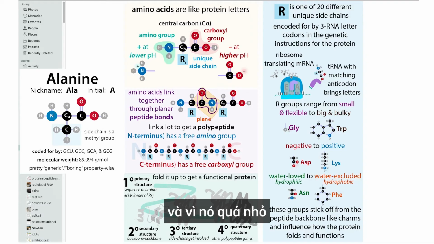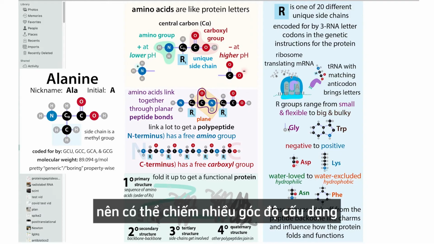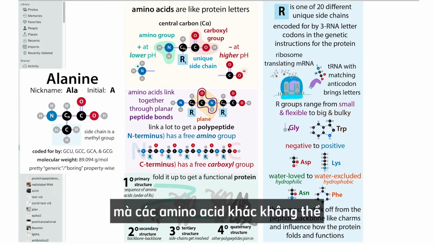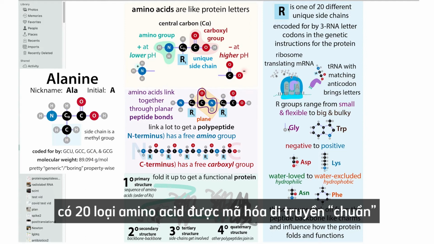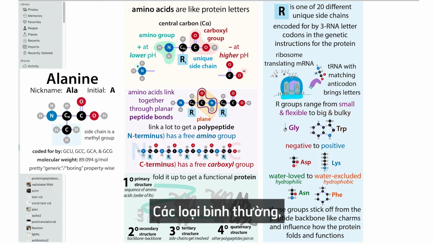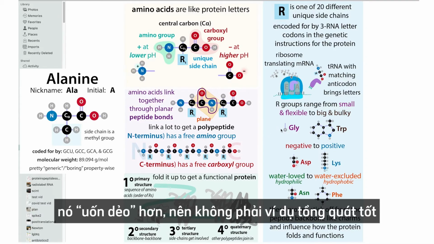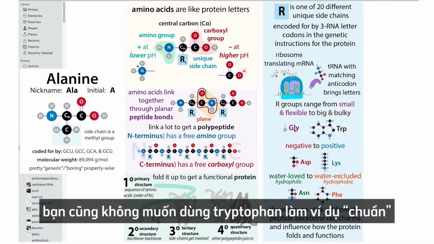Because it's so small, it's super flexible, and it can take on a lot of different angles that the rest of the amino acids can't. There are 20 genetically encoded normal amino acids, and glycine can take on these weird contortions, so it's not a good generic example.